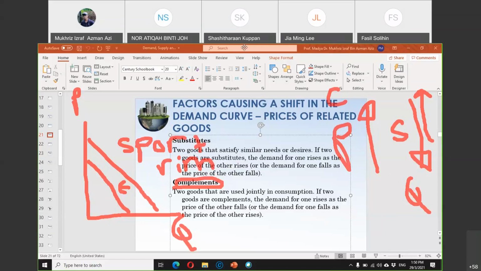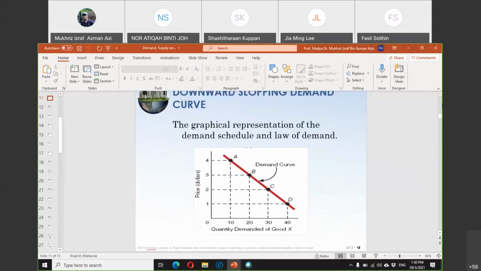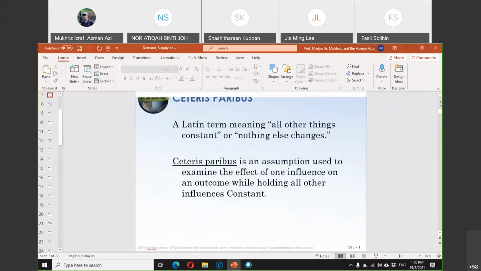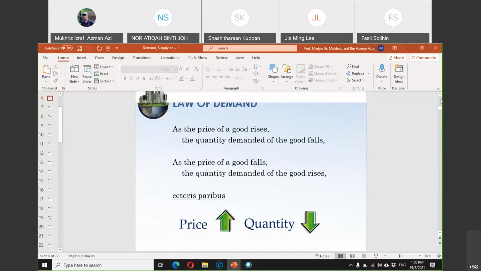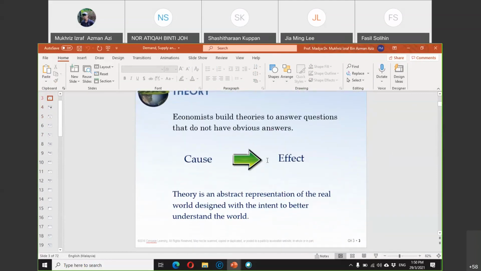So you need to know which graph you are looking at. Basically, from this slide just now, we are looking at the effect, not the cause.